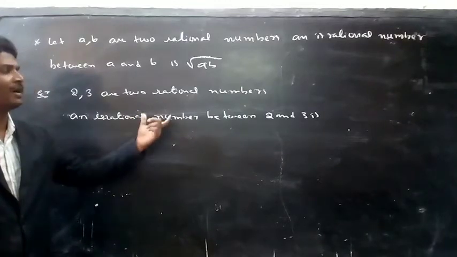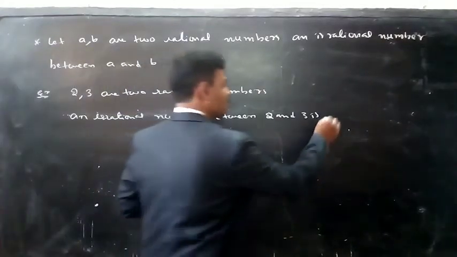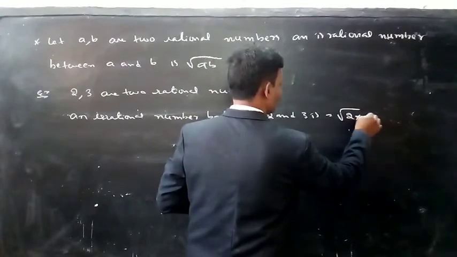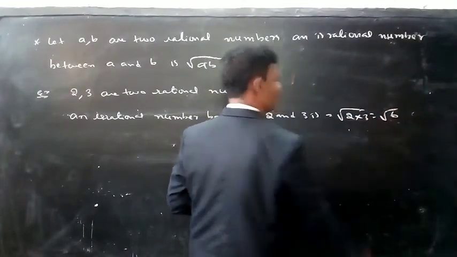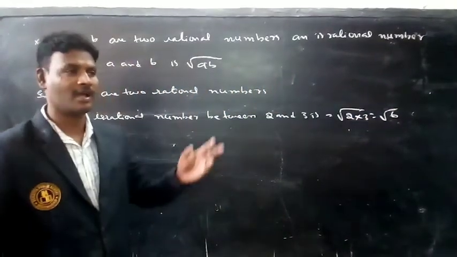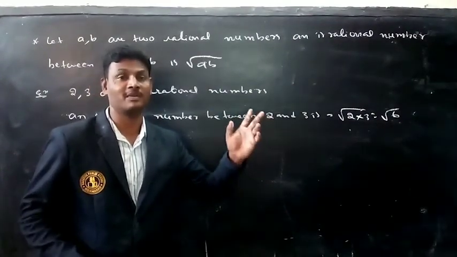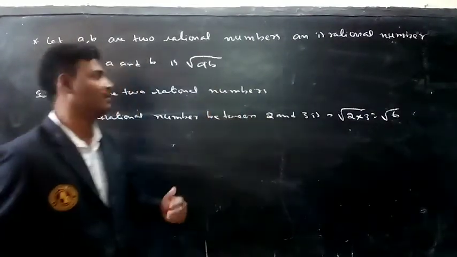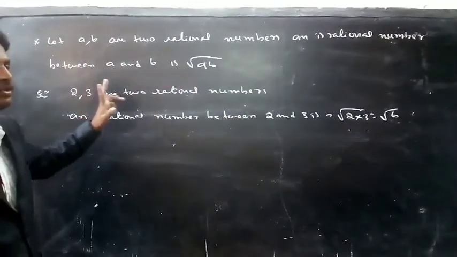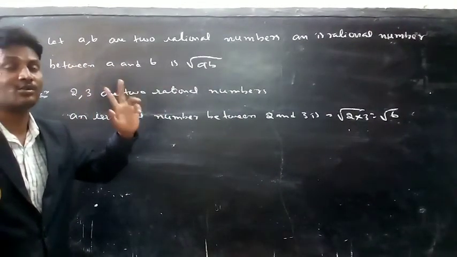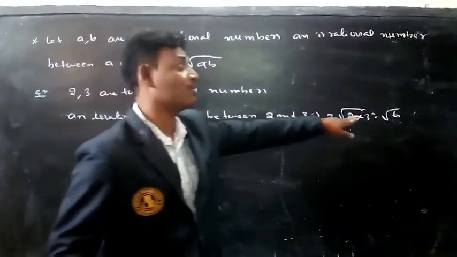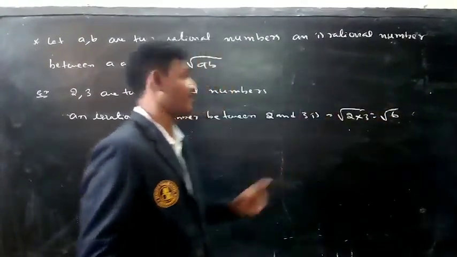An irrational number between 2 and 3 is under root of 2 into 3, which is equal to root 6. Here, what is the formula? A comma B are two rational numbers, and an irrational number between A and B is root AB. Here 2 comma 3 are two rational numbers. So between 2 and 3, the irrational number is root 6.